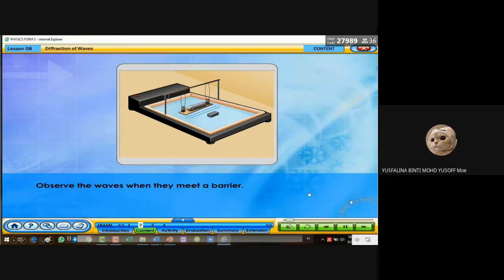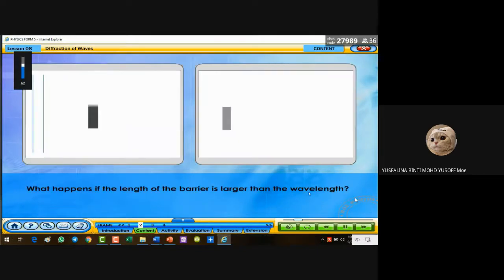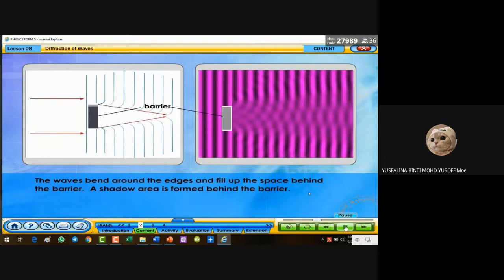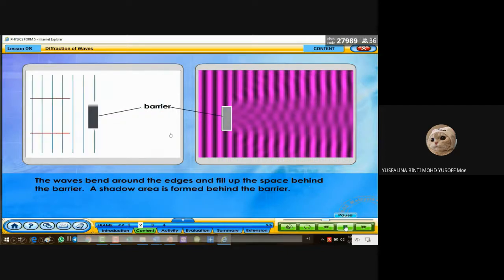The waves when they meet a barrier. What happens if the length of the barrier is larger than the wavelength? The waves bend around the edges and fill up the space behind the barrier. A shadow area is formed behind the barrier.